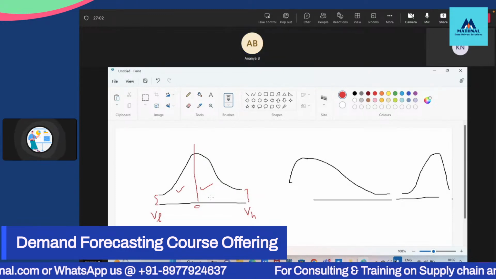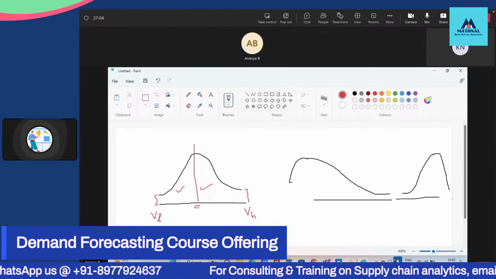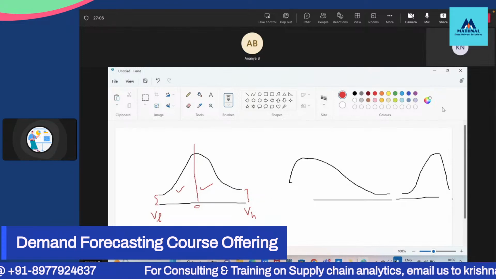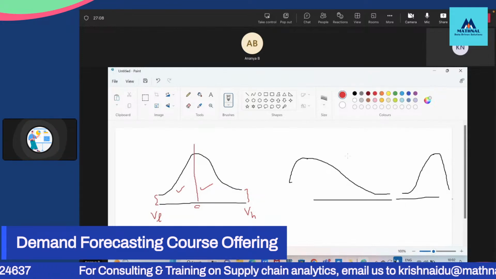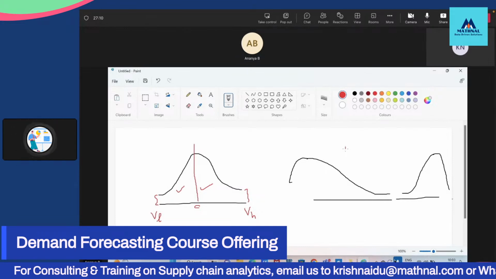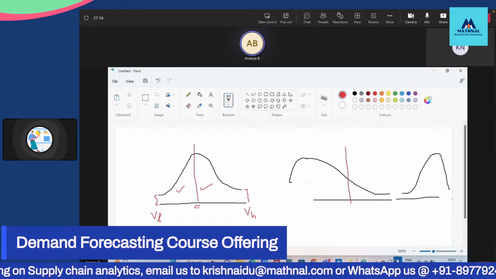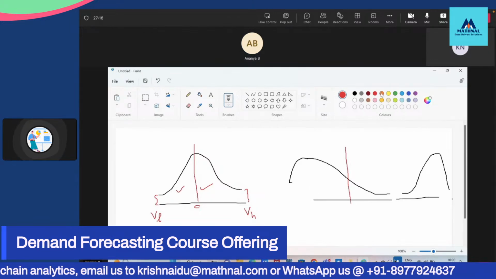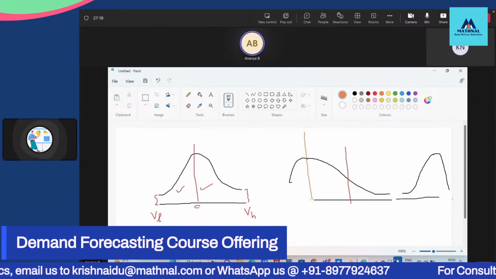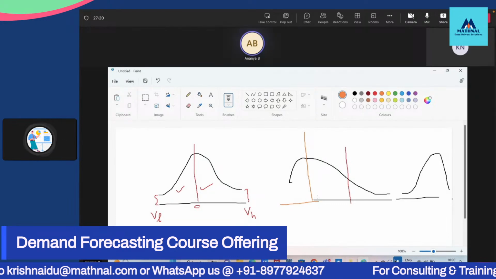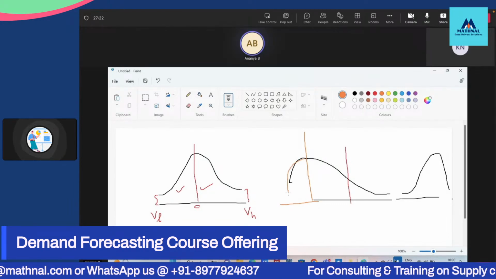Now if you look at the second graph, if you draw the mean, it will be on the left hand side, not on the right hand side. It will be even further left. And it falls steeply like this.